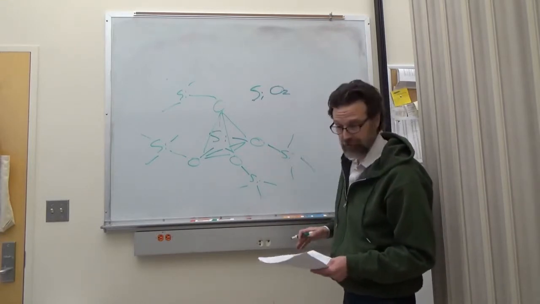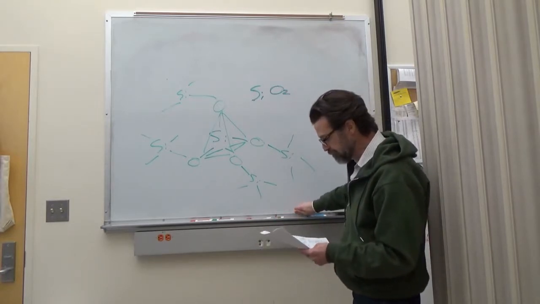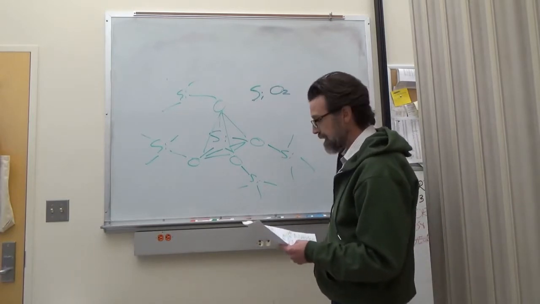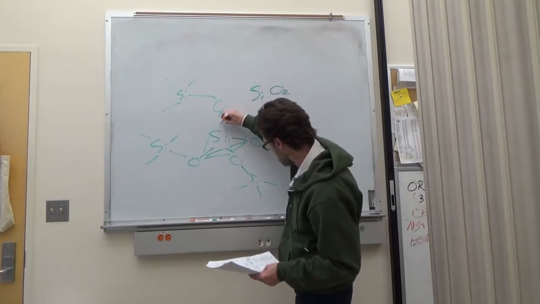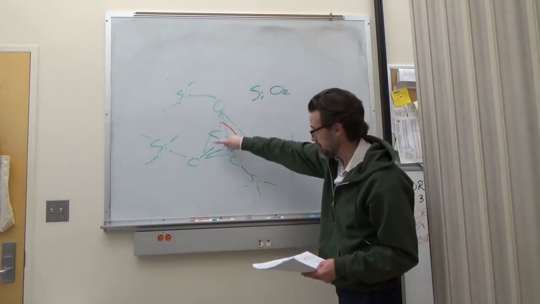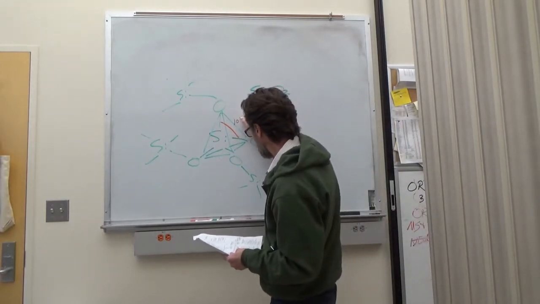Now, talking about the short-range order in silica, for one, we know that the angles made between the oxygen in the SiO2 tetrahedra tend to be around 109.5 degrees.